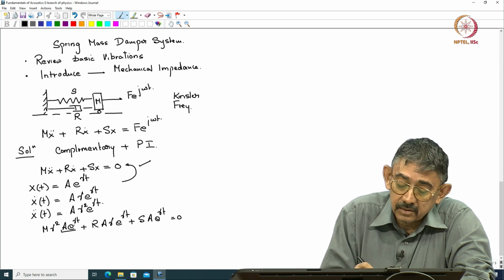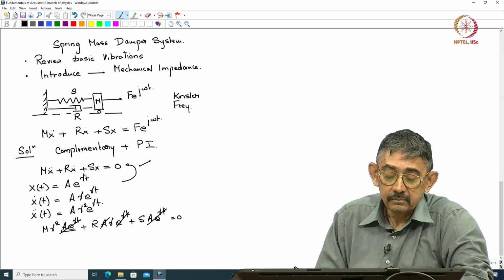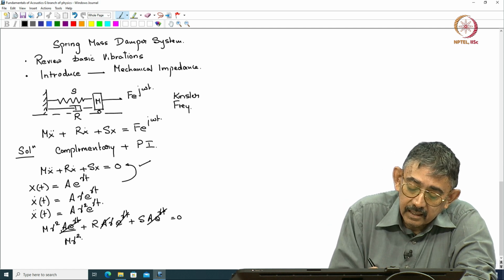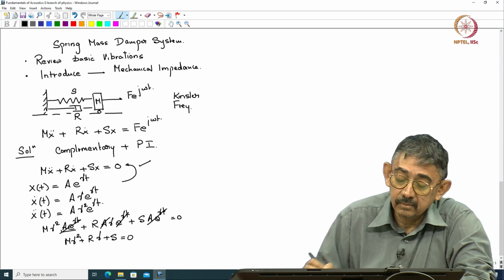So this part is not 0, so I will remove it, so that I am left with m gamma square plus r gamma plus s equal to 0.